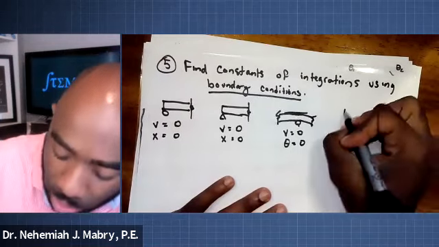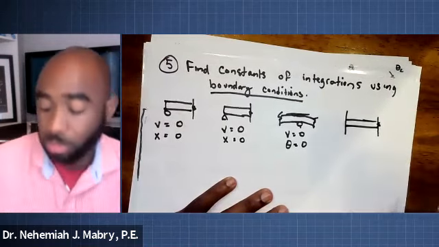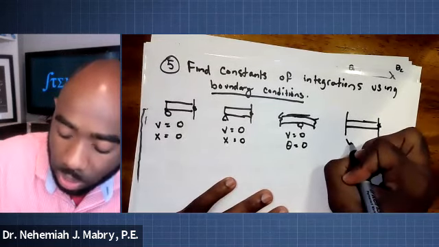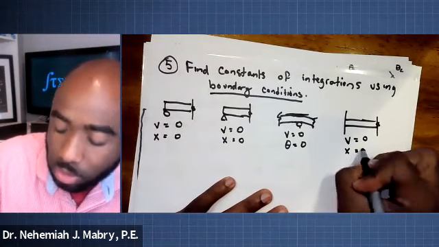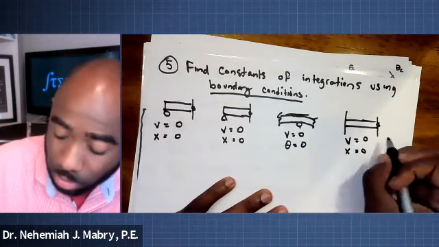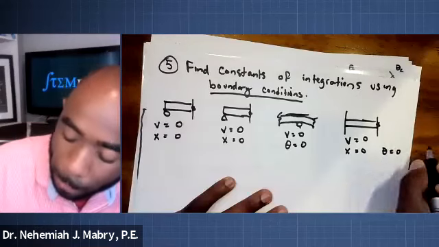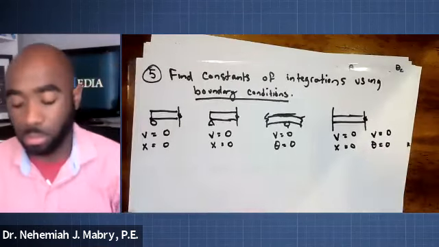And lastly, I'll show you this one. What if you have a fixed end? Well, at a fixed end, not only can you say that when x is equal to 0, v equals 0, you can also say that when x is equal to 0, the slope is equal to 0.